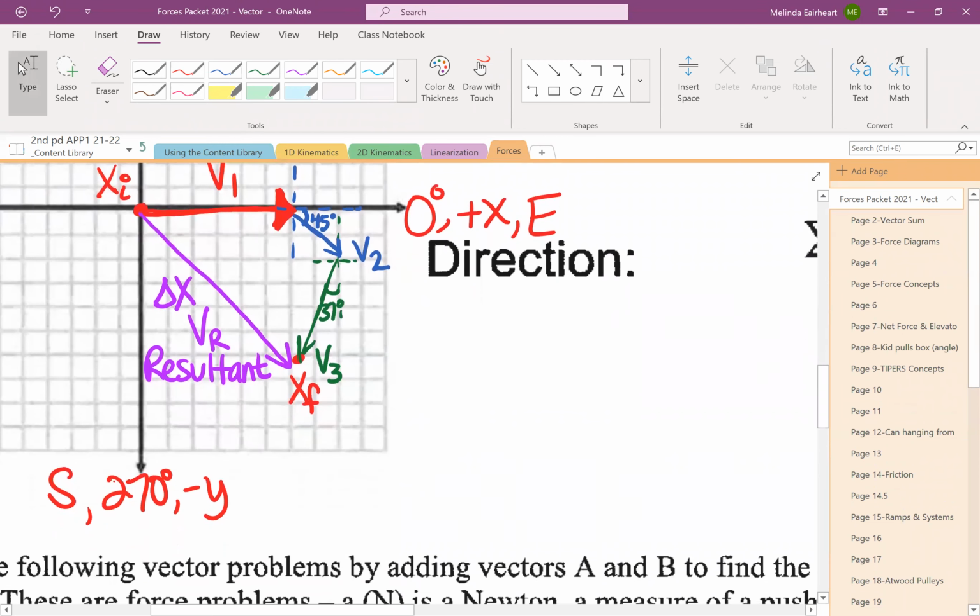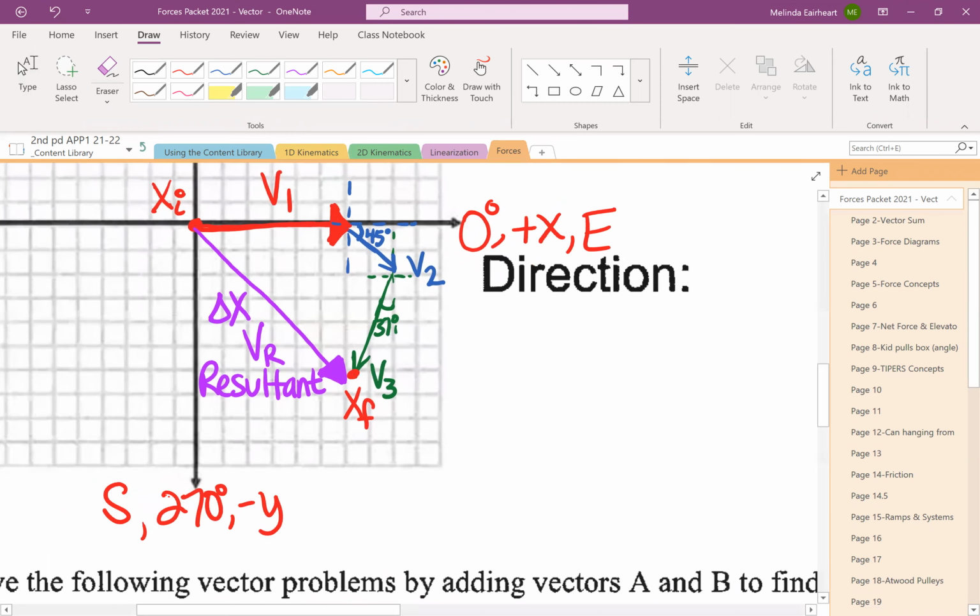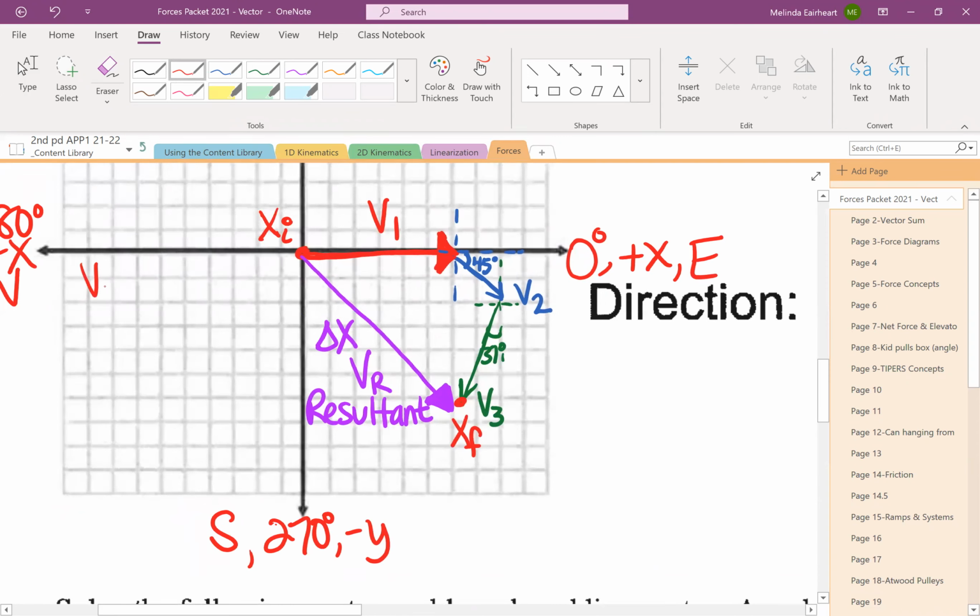Now, notice my arrowhead. Okay, let's talk arrowheads. The first three, we picked up where we left off, right? And so V1, V2, and V3 were the individual vectors. We drew them with a method called tip to tail.